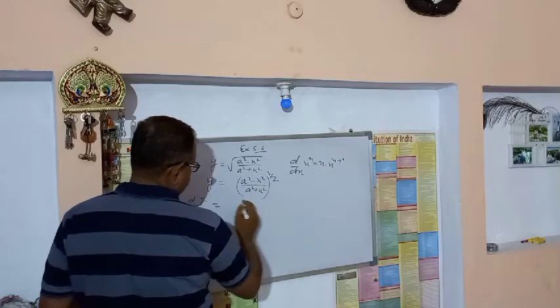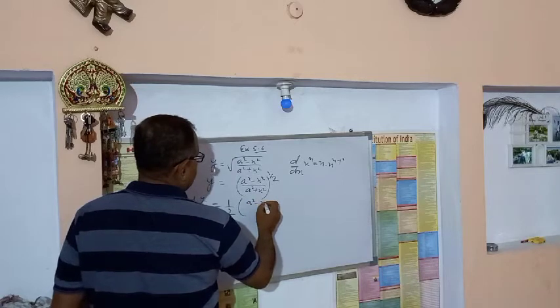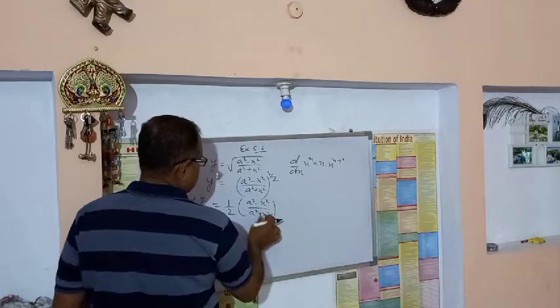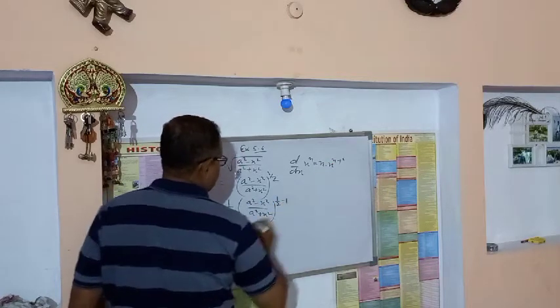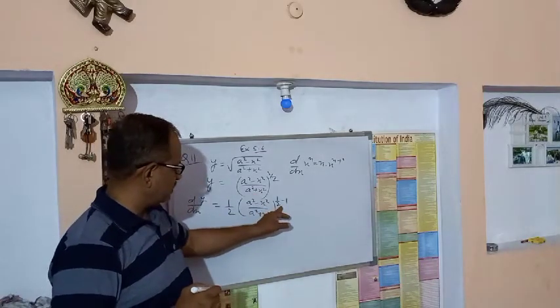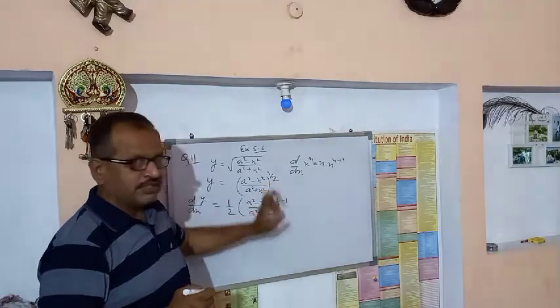So here n is 1 by 2, then a square minus x square upon a square plus x square, this is x. Power n minus 1, so 1 by 2 minus 1. So derivative of the power function is over.